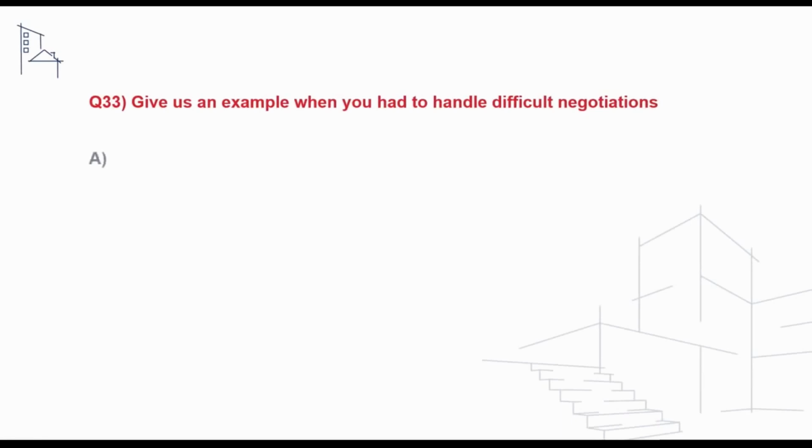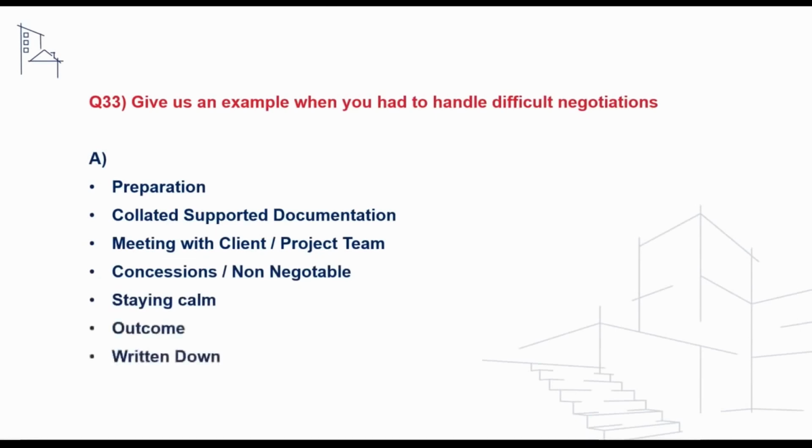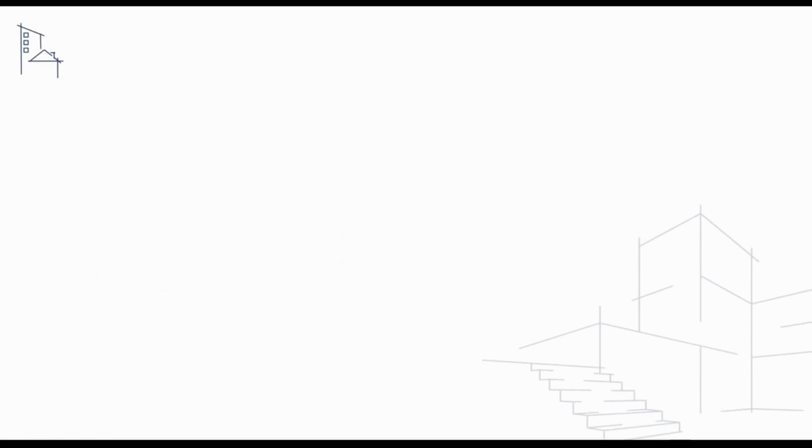However, some of the components that you could talk about is, first of all, how you prepared for the meeting or the negotiation, how you collated the supporting documentation and what this included. You could run through the scenario of when you met with the client team or the project team in order to agree any concessions or any non-negotiable items. You could then talk about the outcome of the meeting and what the parties did following this.